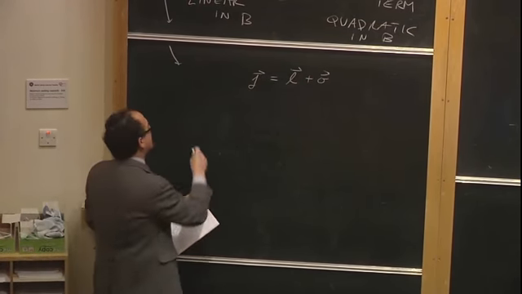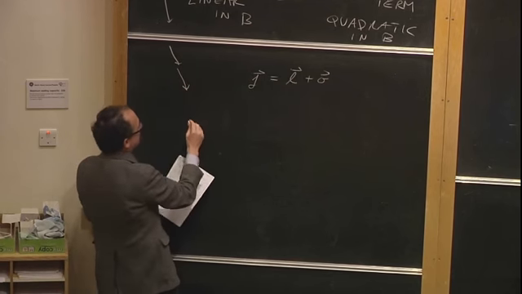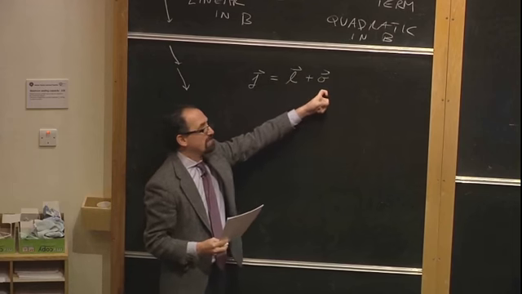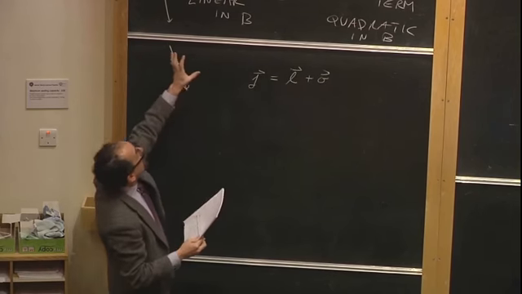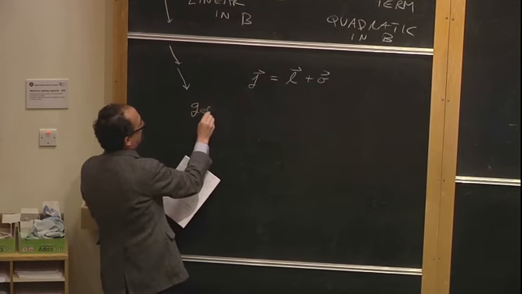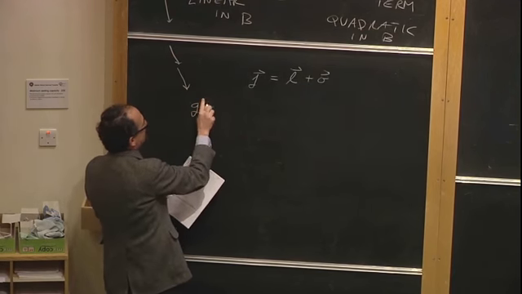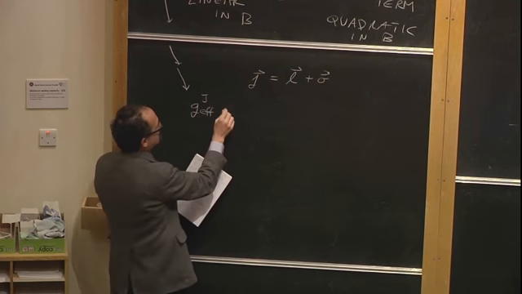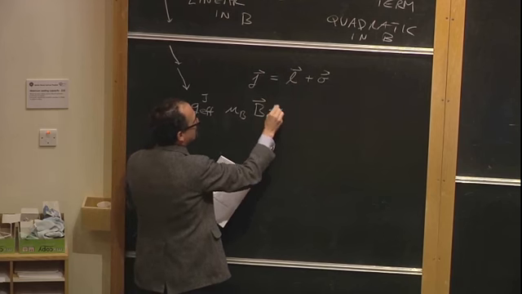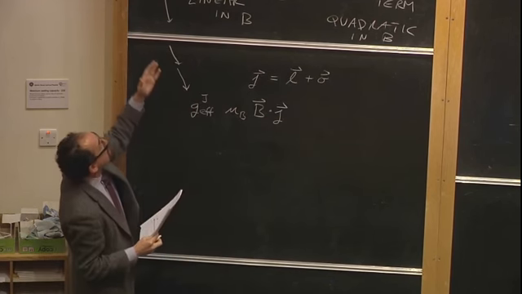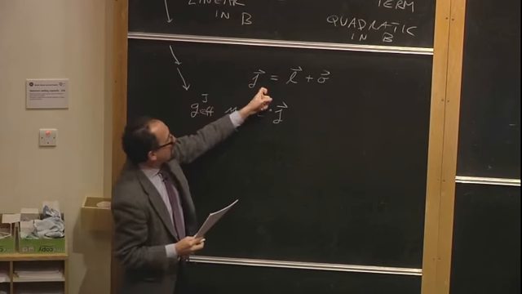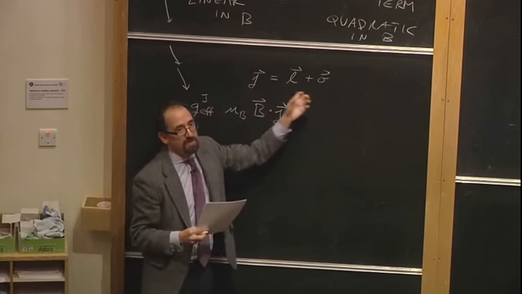Now, you may have learned, or you should have learned in your atomic physics course, that under conditions where you know the magnitude of J, the magnitude of L, the magnitude of sigma, you can rewrite that entire term in terms of some effective g factor, known as the Landé g factor, usually written with a superscript J, mu B, B dot J. And there's a formula that allows you to get the effective g factor from g and the magnitude of J and the magnitude of L and the magnitude of sigma, if you know these.